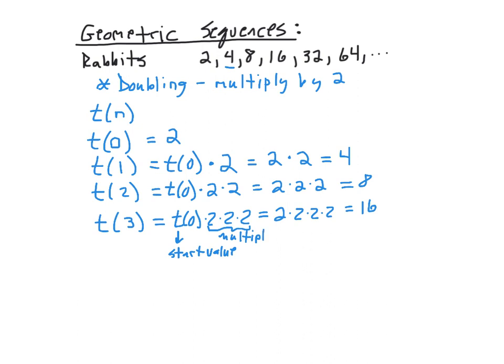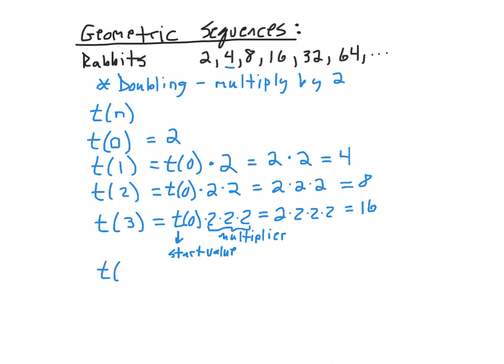And the multiplier, we just keep multiplying by that, also known as a common ratio, each time that we want to increase the term number. We know how to write that when we're essentially multiplying by the same number over and over again. Let me show you what I mean.